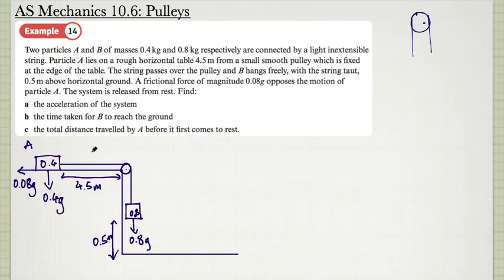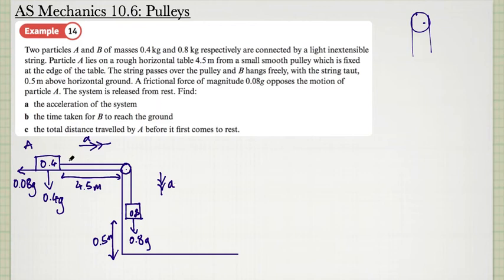Obviously B will start accelerating downwards, so we have an acceleration downwards, which we'll call a. Because the string is inextensible, this downwards acceleration will be exactly the same as the horizontal acceleration here, so I can mark them both in and call them the same letter.